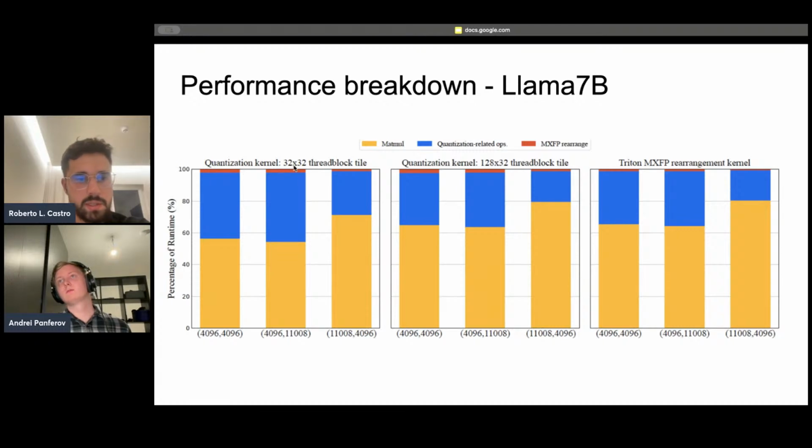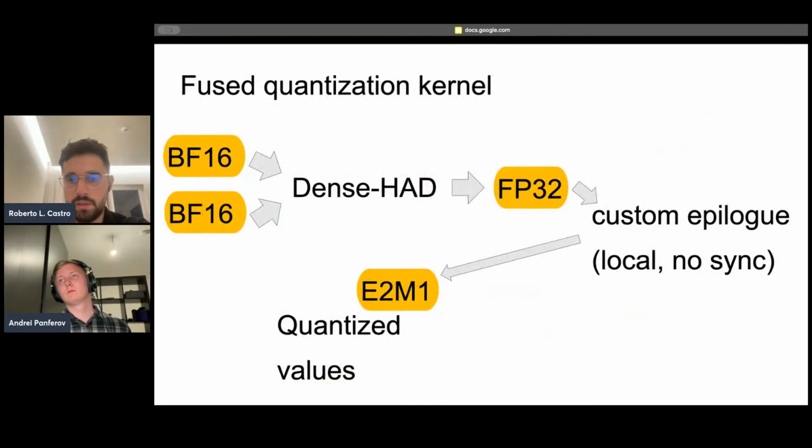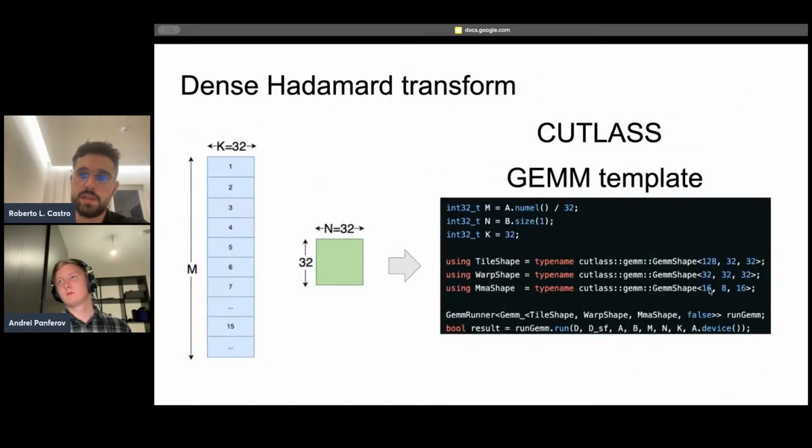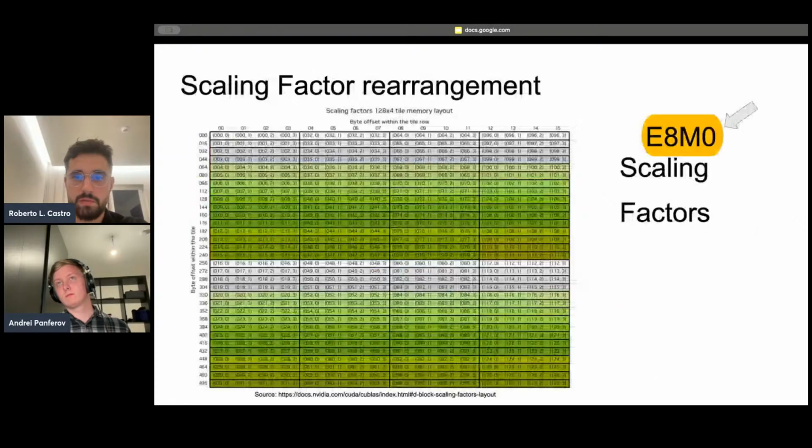Then I'm going to describe first this figure on the left. Here on the title, you can see that we have 32 by 32 thread block tiles, and this is related to this slide that I showed over here. So this first parameter is the parameter that we tune to 32 or 128, and this is related to the tile shape, right? The larger this tile shape, the more efficiently we can manage this data, as this is a memory bound problem, this is just going to accelerate the performance of our kernel.